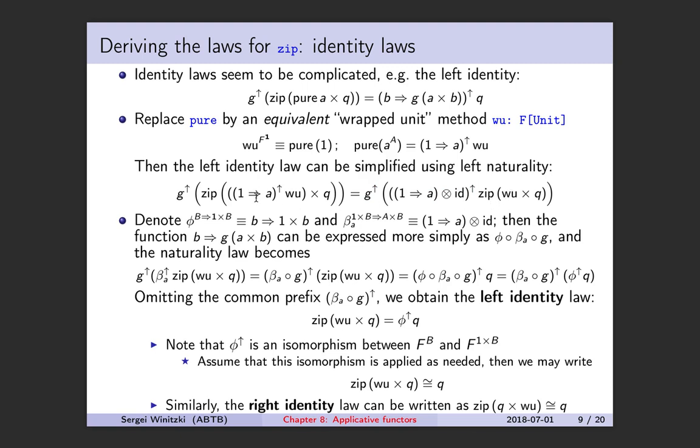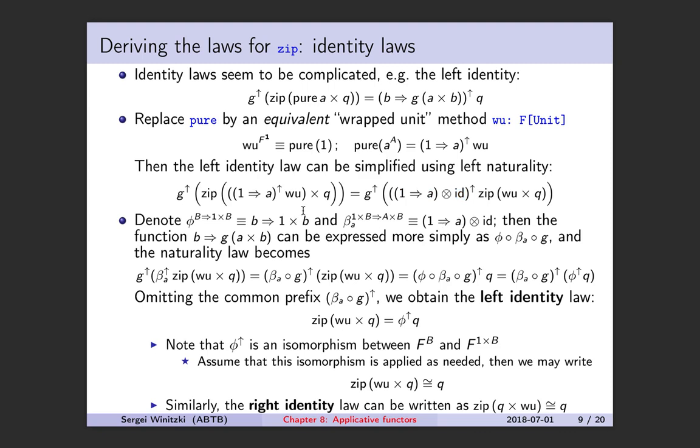So you see, this actually is equal to that now, because we can pull out of zip, we can pull out this function using left naturality, and then we get zip of WU cross Q, where this now is outside the zip. It needs to act on the first argument, and so this is how I express that this function needs to act on the first argument of a tuple. The second argument of a tuple is unchanged.